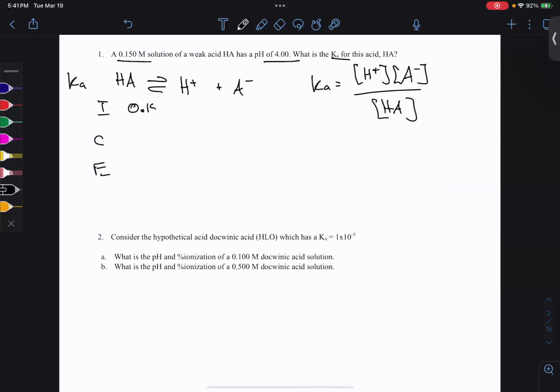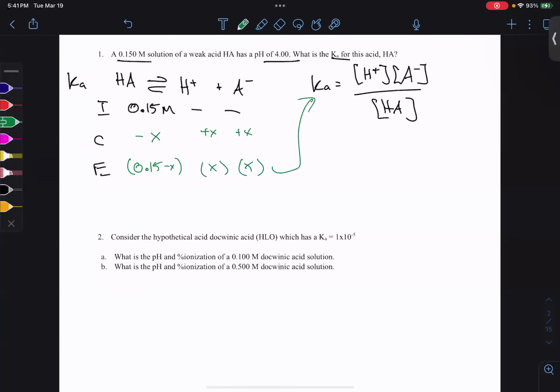That's our initial concentration, 0.15 molarity, zeros everywhere else. In ice tables, which way does this reaction have to go? Forward, minus x, plus x, plus x. So after equilibrium has been established, we will have 0.15 minus x of HA, x of H plus, x of A minus.